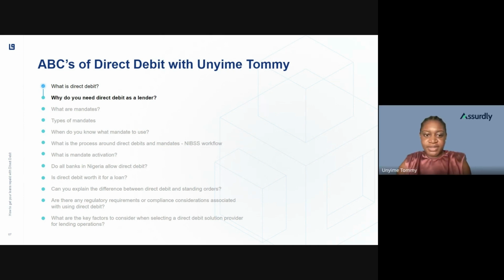Well, for one, I would start with the cards. We all know the issues with cards today. Users can decide to go and block your card after you tie it to a payment schedule. With direct debit, it is the account. What that means is that you have authority to debit the account as and when due, based on the mandate that has been set.